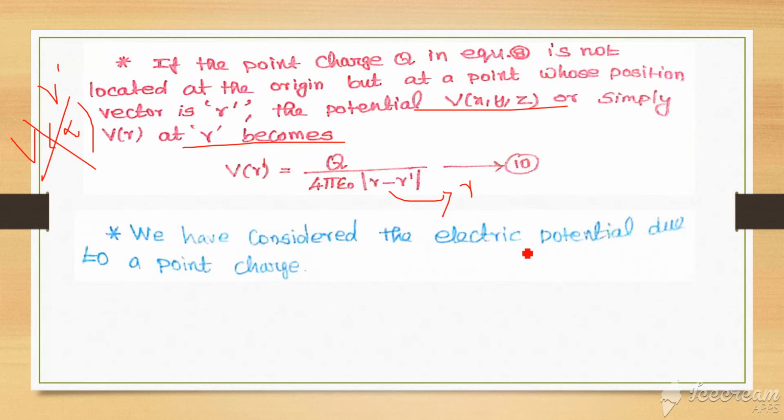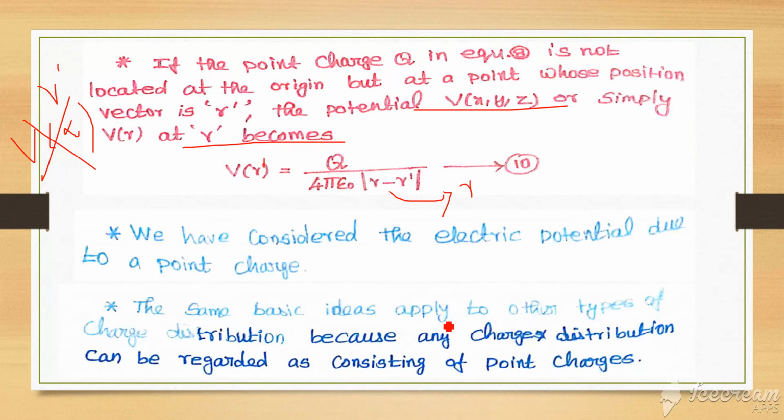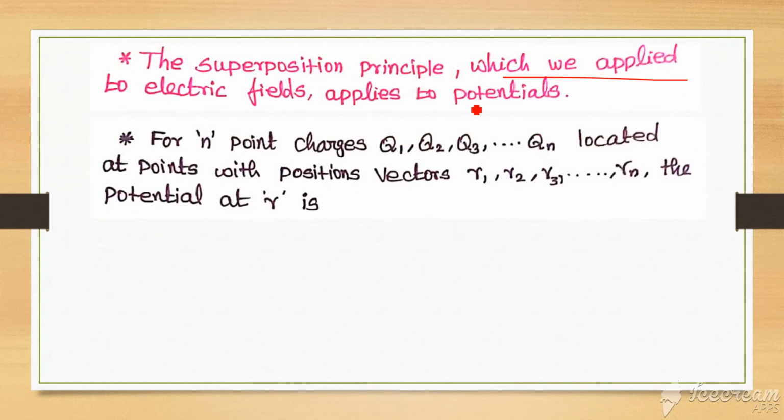So we have considered the electric potential due to a point charge. The same basic idea applies to other types of charge distribution, that is, continuous charge distribution also, because any charge distribution can be regarded as consisting of point charges. The superposition principle which we applied to the electric field applies to the potential also.